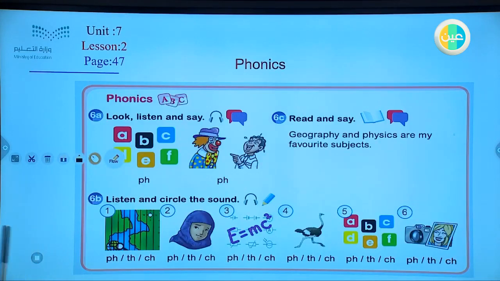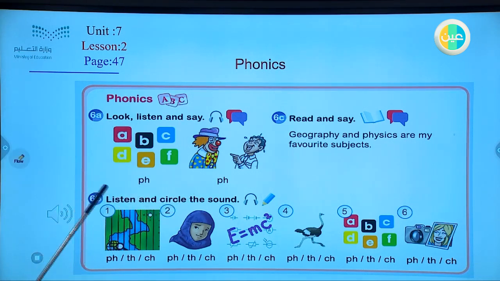All right. Let's listen here. Unit 7. Lesson 2. Activity 6A. Phonics. Look, listen, and say. F, f, f.